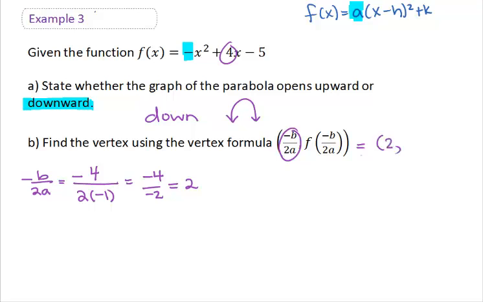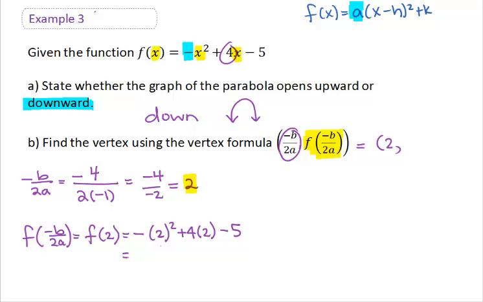Our second coordinate, what we need to do with this 2 is we need to plug it back into our equation. So we need to plug it in for all of these x's. So f of negative b over 2a is f of 2 in this example. So negative 2 squared plus 4 times 2 minus 5 gives me negative 4 plus 8 minus 5.